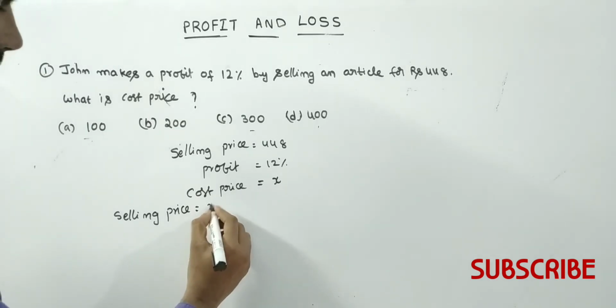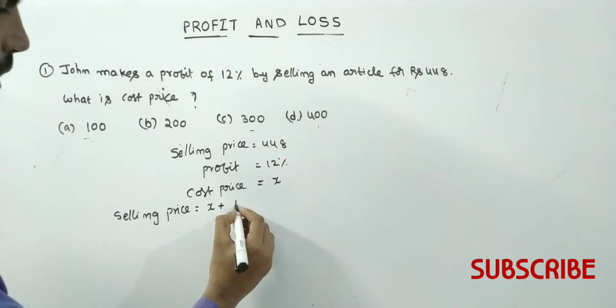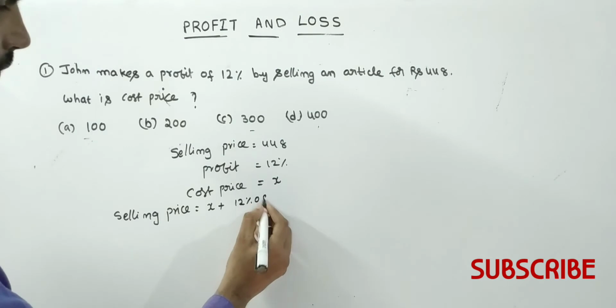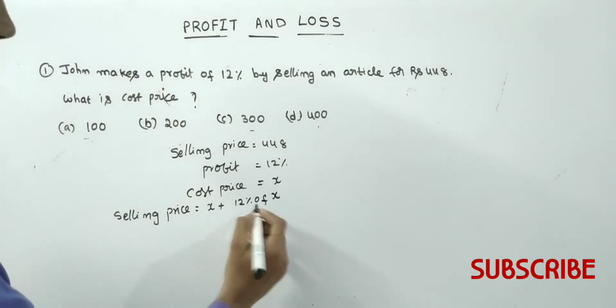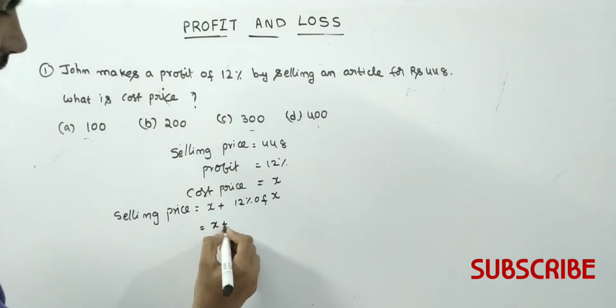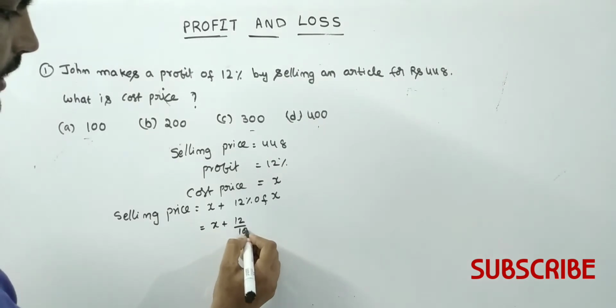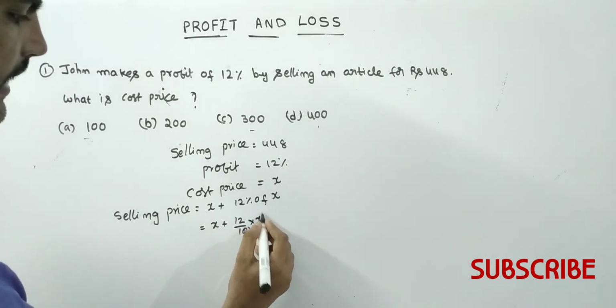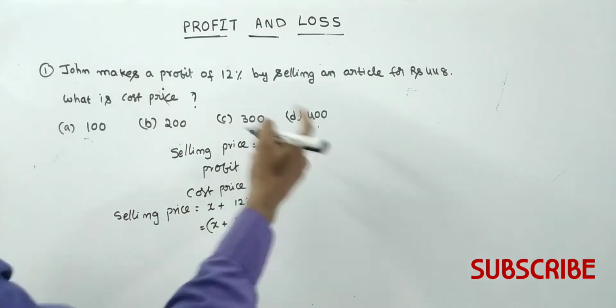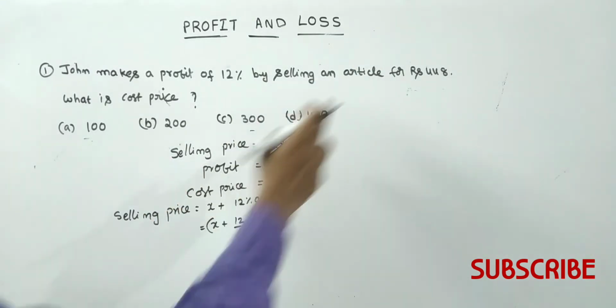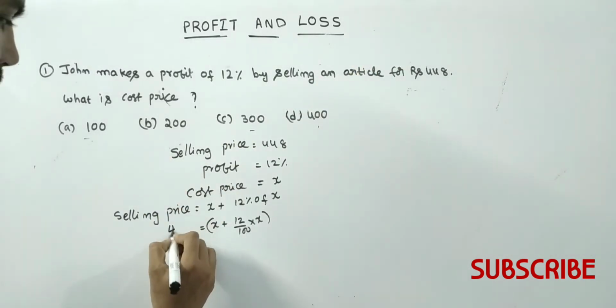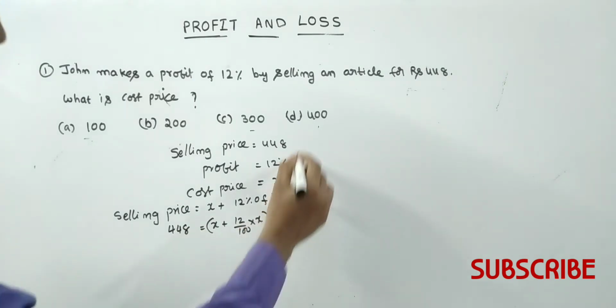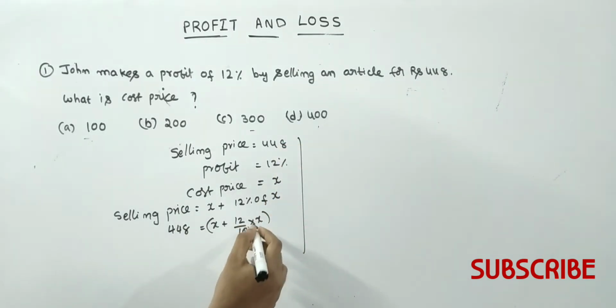Cost price is x. What is the profit? 12% of cost price. That means x plus 12 by 100 into x. This is equal to the selling price, 448. So 448 equals x plus 12 by 100 into x.